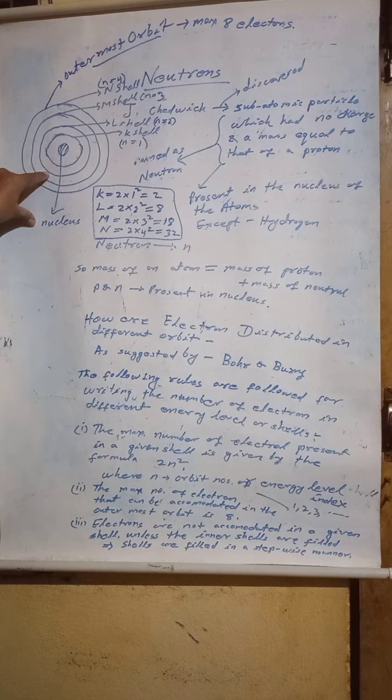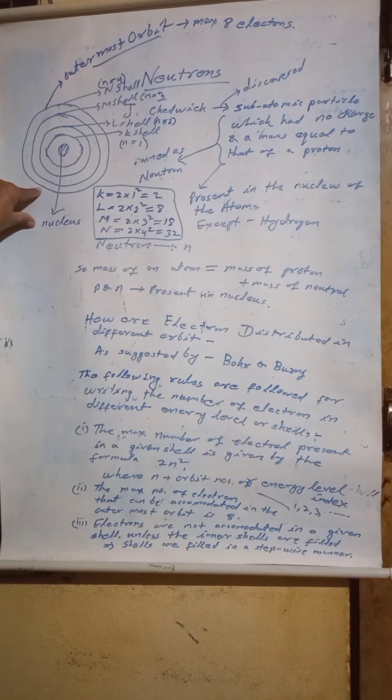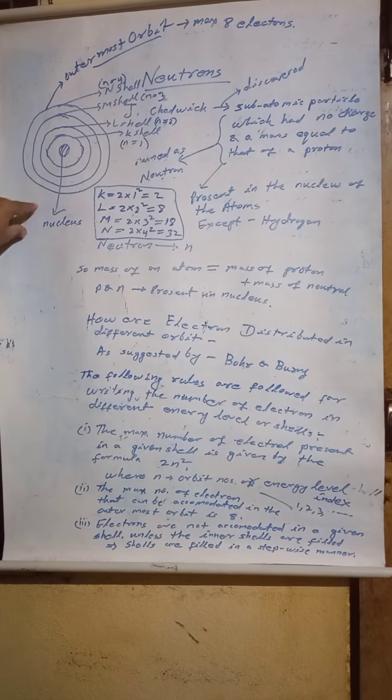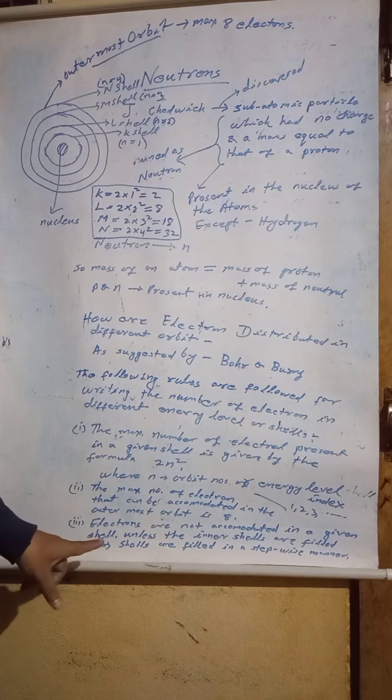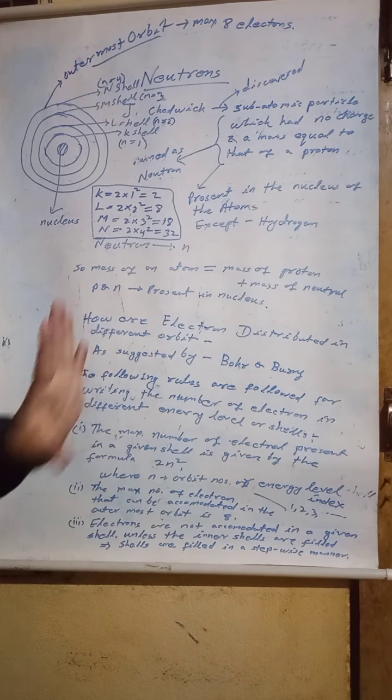Similarly, if electrons are not accommodated in L cell, they cannot be accommodated in M cell or N cell. So cells are filled in a stepwise manner.